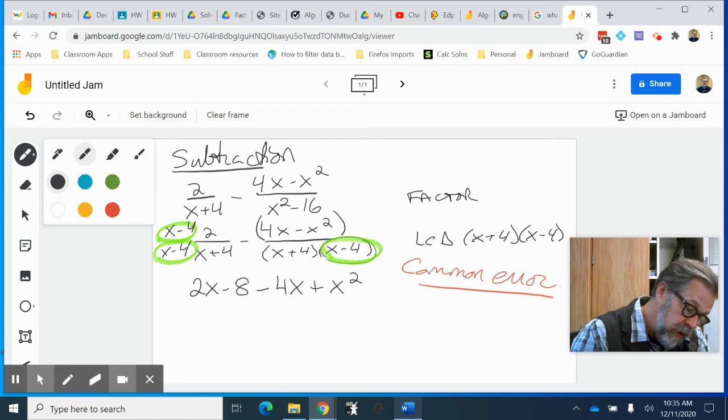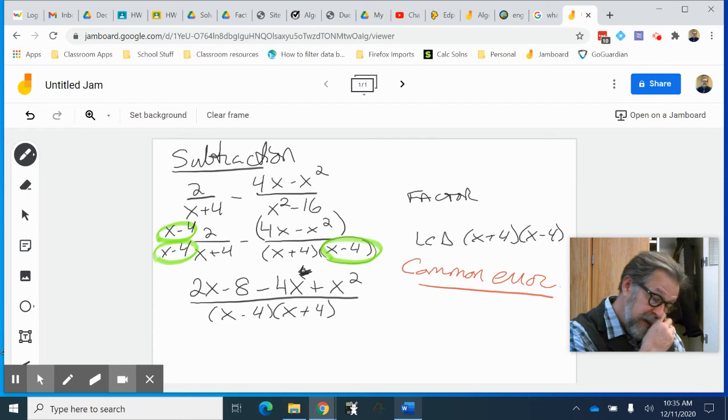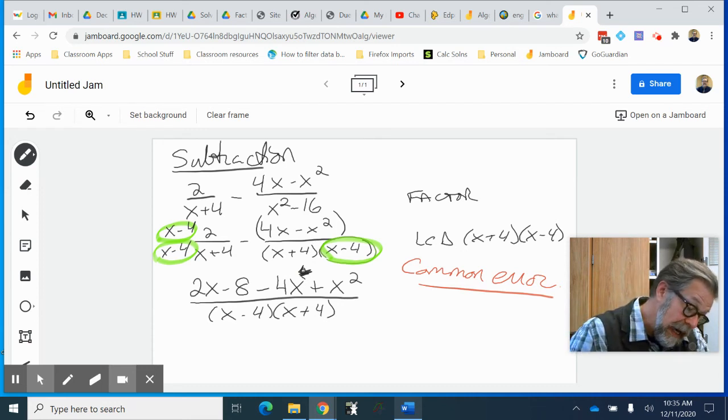So back to here, we got x minus 4, x plus 4. So I've got x squared minus 2x minus 8 all over x minus 4, x plus 4.